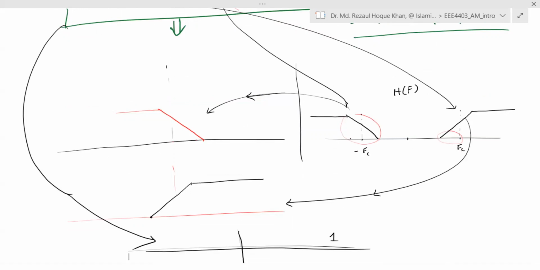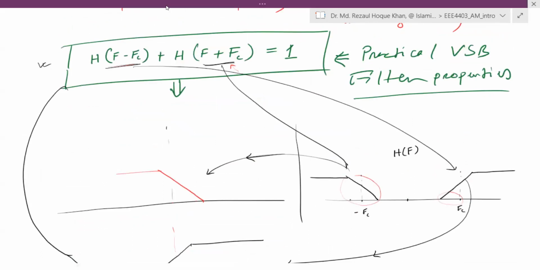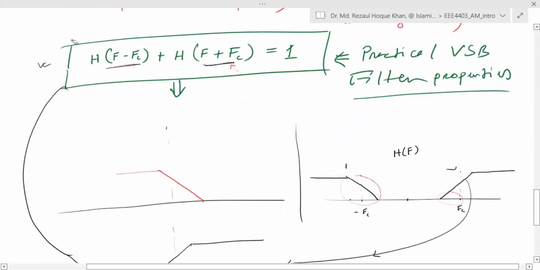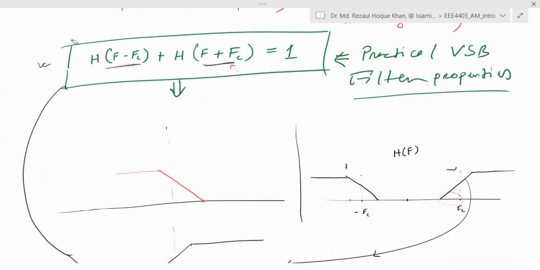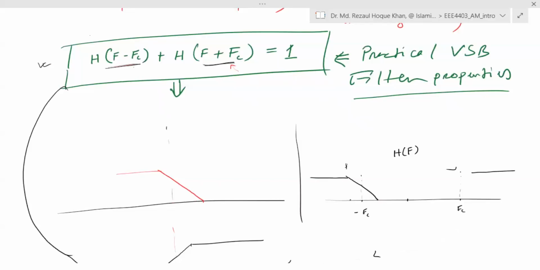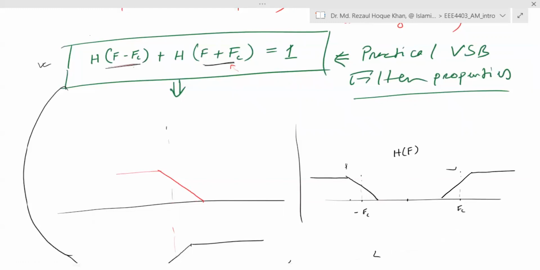So now we can see one of the examples here. Let me make it look nice. Okay, so let me draw it again. This response will look like this. This is actually our high pass filter response, right?